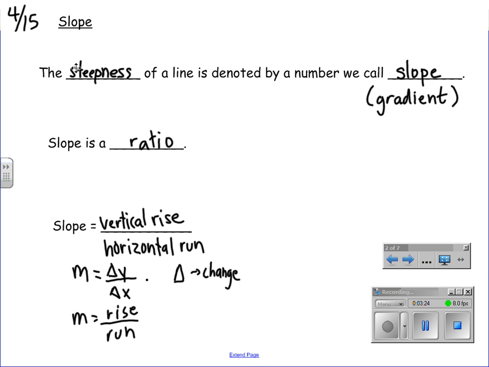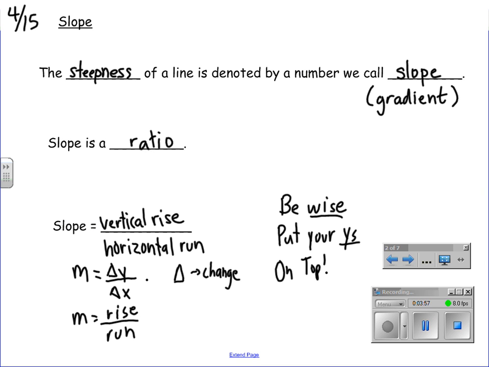So here's one cute little saying in case it helps you remember: be wise, don't confuse y's. Put your y's on top. Y's go on top. Y's come first. So that's slope in a nutshell.